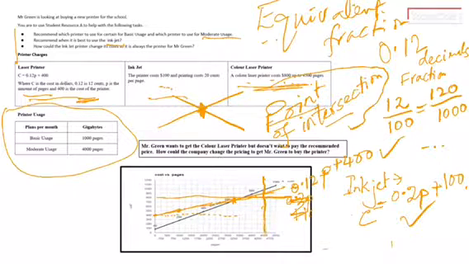So up to that point, it stays at $800. So that's the color one. And Mr. Green wants to buy that color printer, but the cost seems to be pretty on the heavier side.